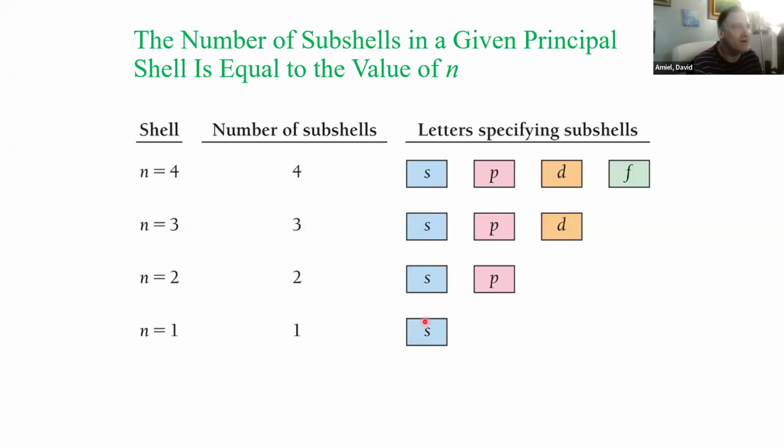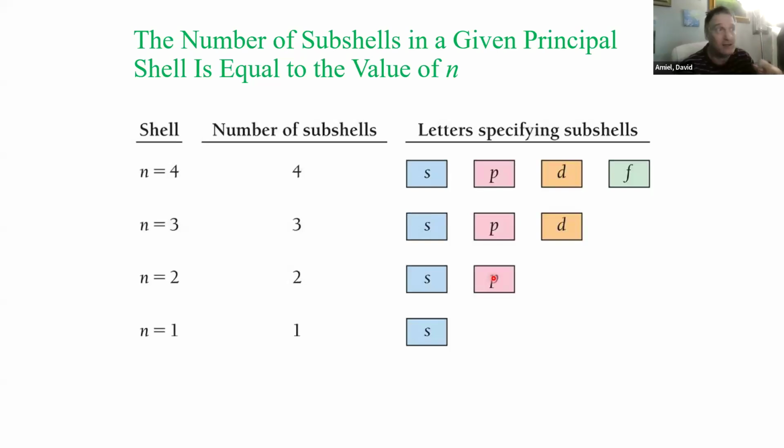Now, it's important to remember that each of these subshells can hold different amounts of electrons. Each orbital can hold only 2 electrons, but if you're talking about the p's, there were 3 p's, the px, the py, and the pz. So a p subshell can hold 6 electrons: 2, 4, 6.